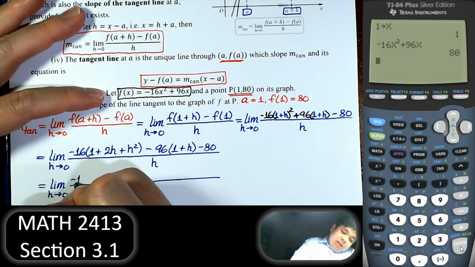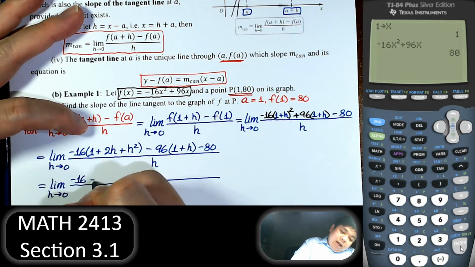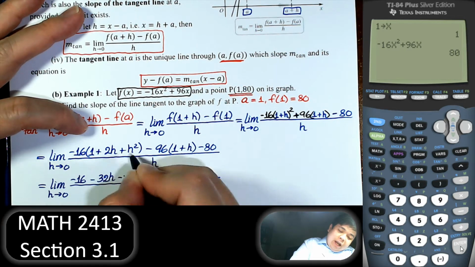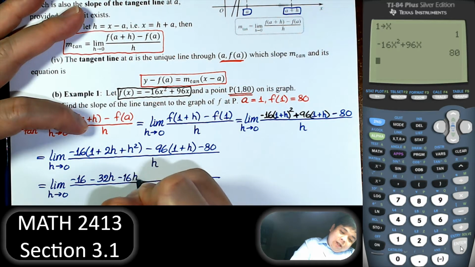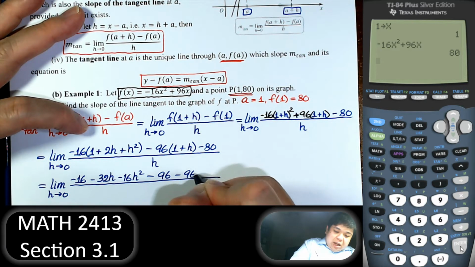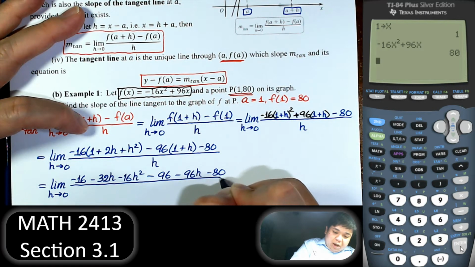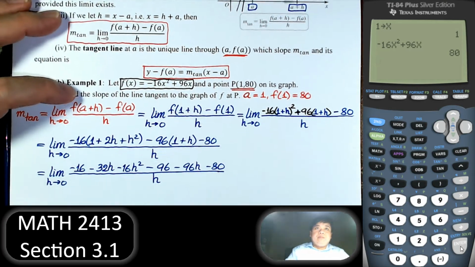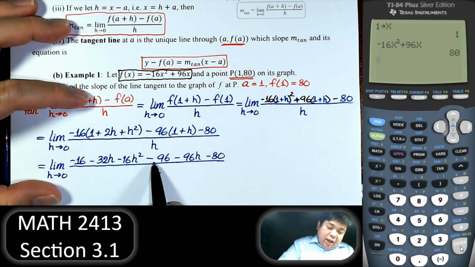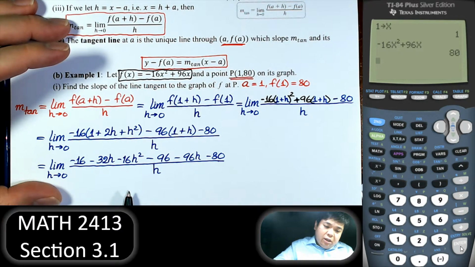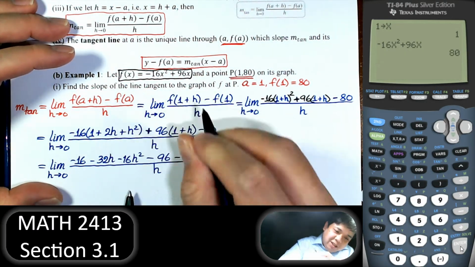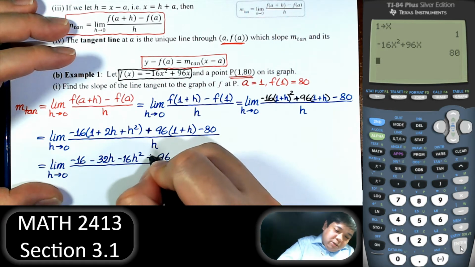So negative 16, negative 32h, and negative 16h squared, minus 96 plus 96h, minus 80, all over h. Sorry, the 96 should be a plus, so this will be a plus.